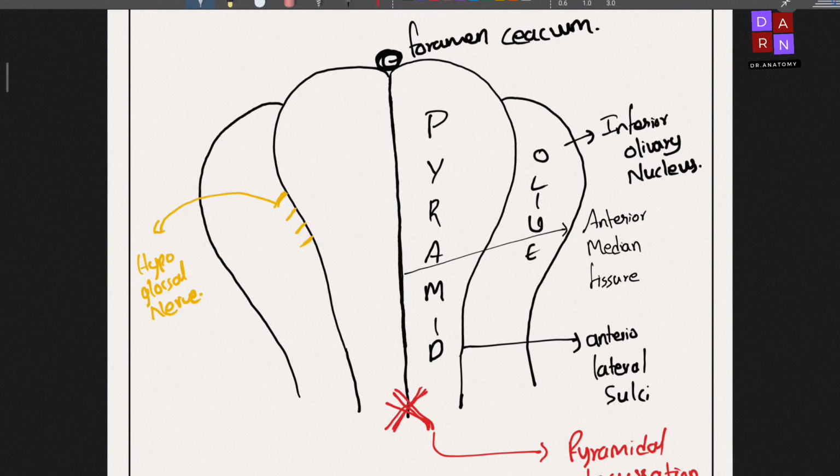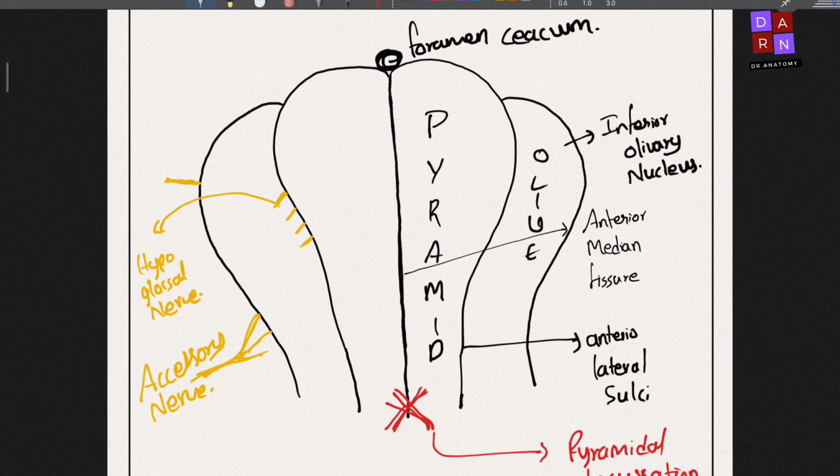From the posterolateral sulci, the cranial roots of the accessory nerve pass.